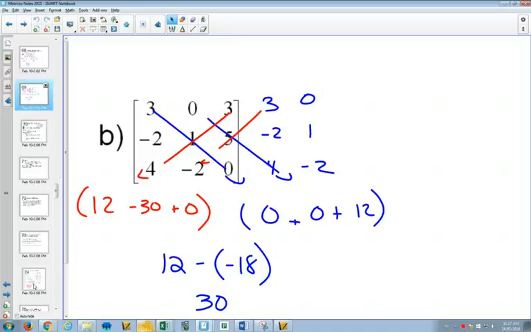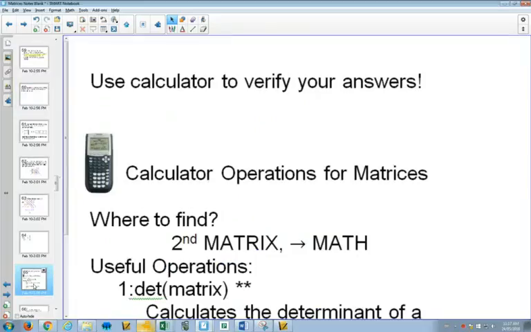So what I'd like you to do now is to type this 3 by 3 matrix into your calculator. And then we're going to look at some calculator things that can check it as well.